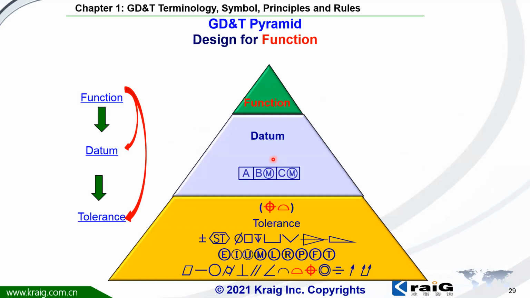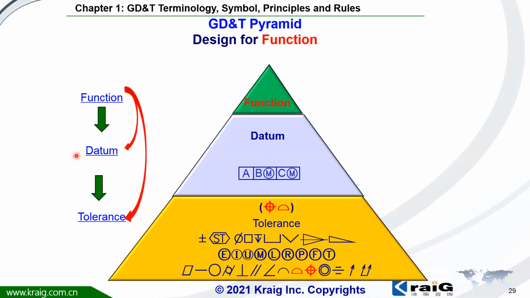From here, we have a magic 3 steps to make a proper join. We call this design for function magic 3 steps. Step number 1, we should understand the function first.